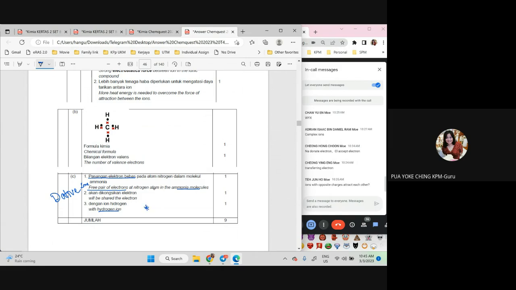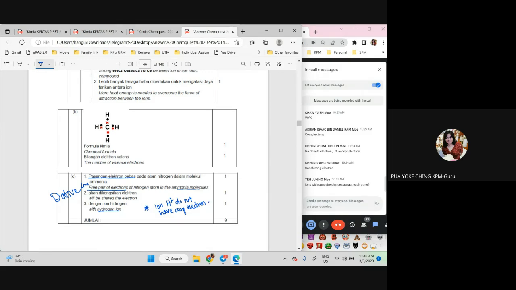And I want you to add on, mention that your hydrogen ion does not have any electrons. Okay? Dia ada 2 syarat for dative bond.